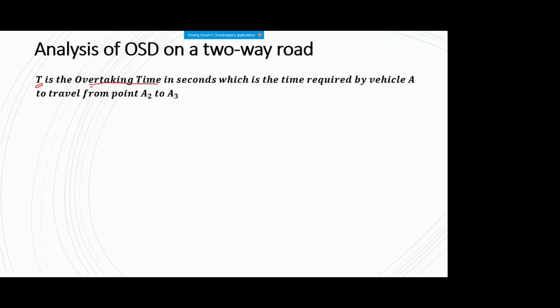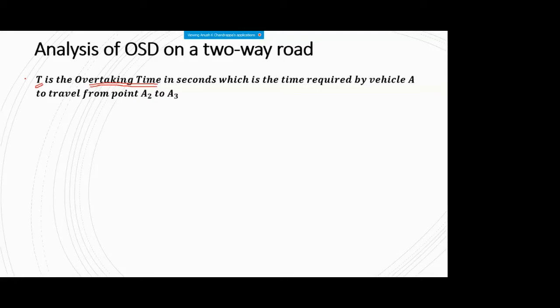Many times some students get confused between the small t and the capital T in the formula, but there's nothing to confuse if you have understood the concept. Small t is the reaction time, the time taken by the driver to perceive the car in front, whether it's slow moving or not, and then to decide whether to overtake or not.